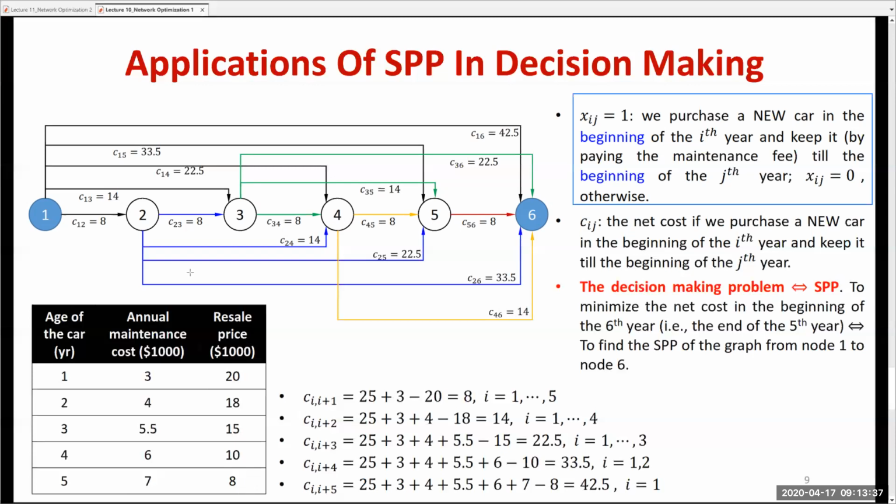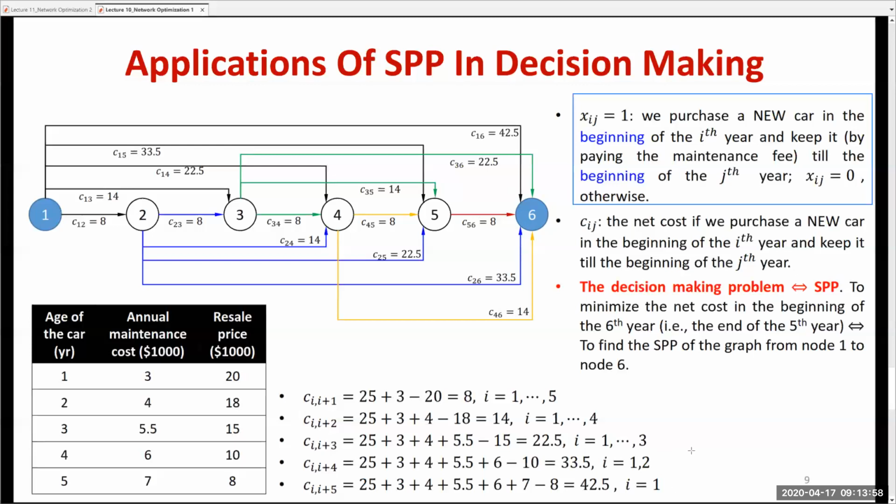And don't forget that time t does not go to infinity. It is up to 6, so you have to think about your last strategy as well. Why? Because after 5 years, in the beginning of the 6th year, you no longer have to own a car. You can simply sell it.